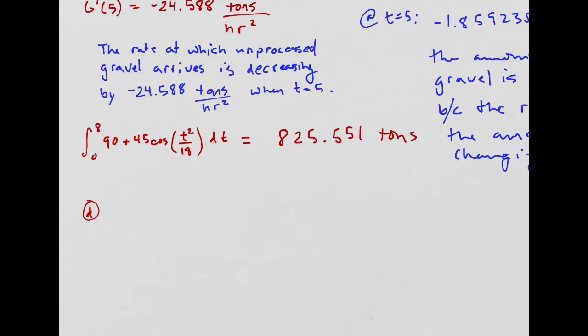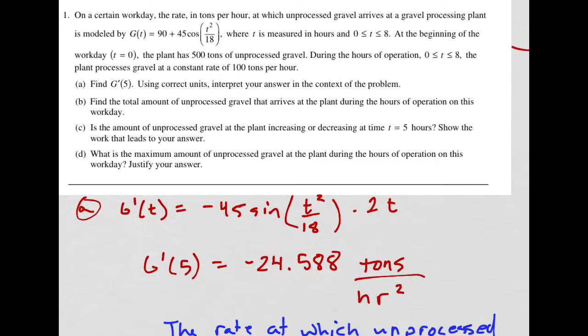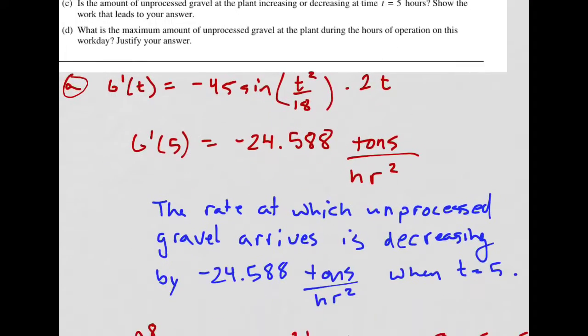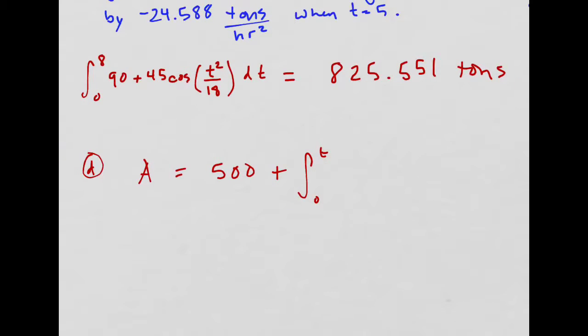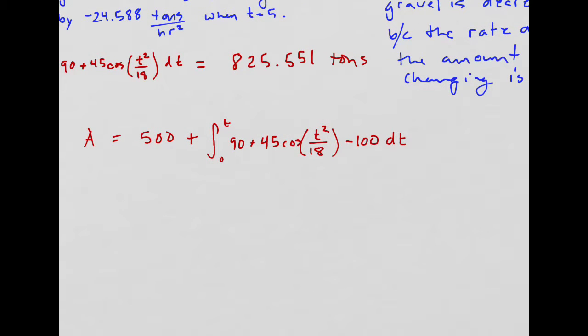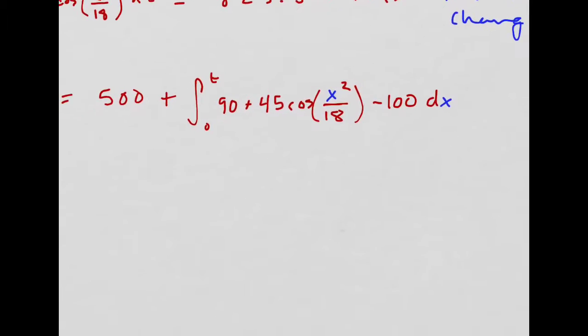So for part D, the integral that we'll be looking at, I'll just call it A for amount. The amount will be 500, because that's what it starts with, plus the integral from 0 to t of g, and I have that minus 100 in there. That's the total amount, and I'm going to be using the fundamental theorem of calculus.